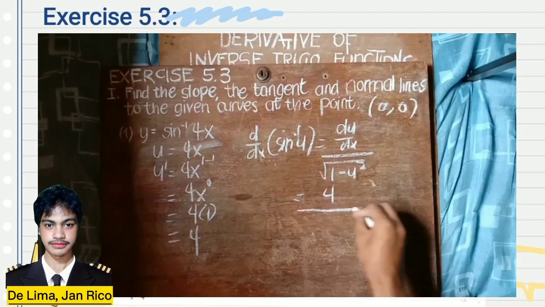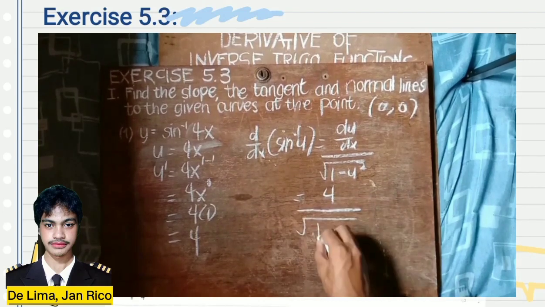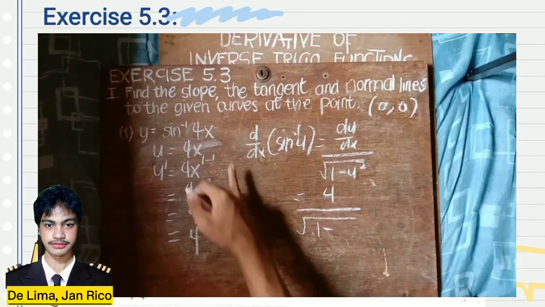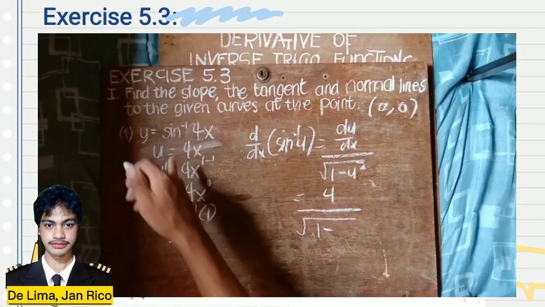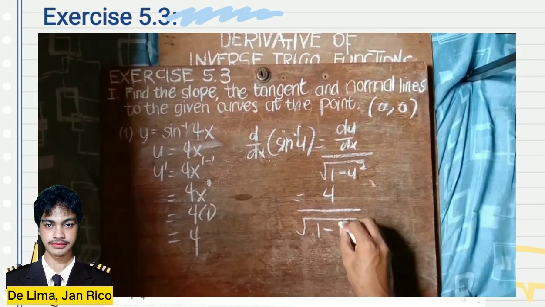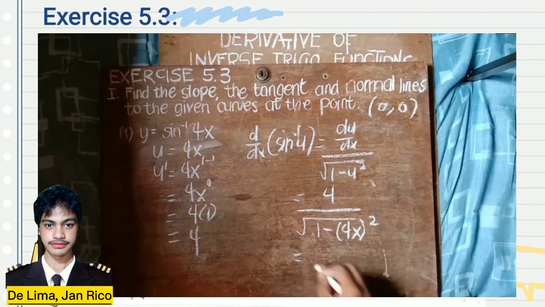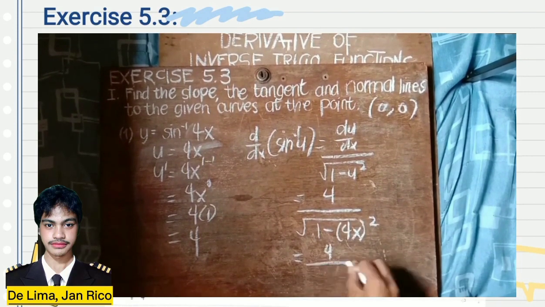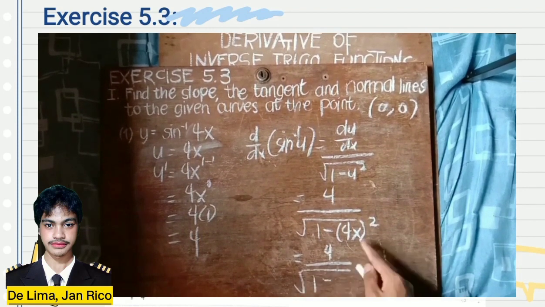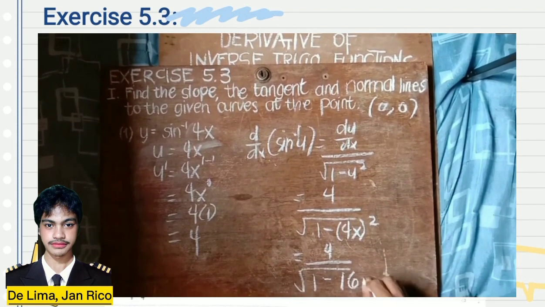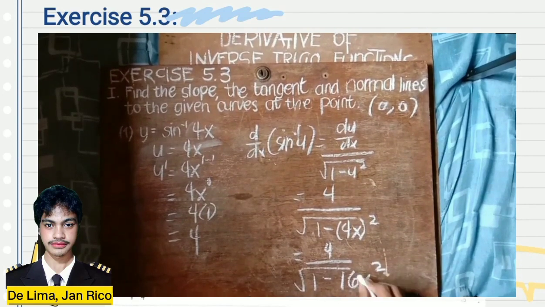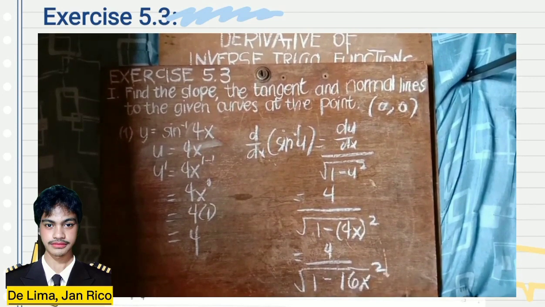So this will be 4 over the square root of 1 minus u squared. And ang u natin is itong 4x. So we will substitute for u squared, and this will result to 4 over the square root of 1 minus (4x) squared, which is equals to 16x squared. So ang answer natin is 4 over the square root of 1 minus 16x squared.